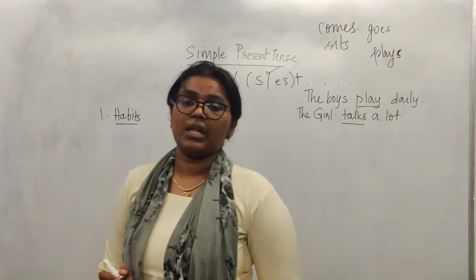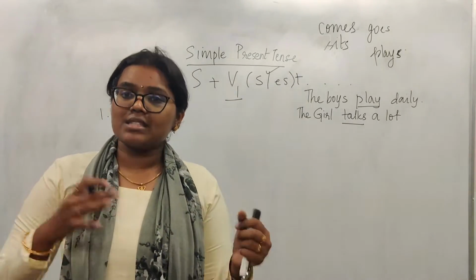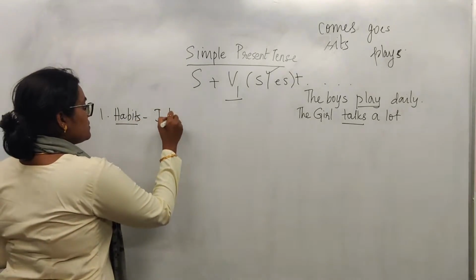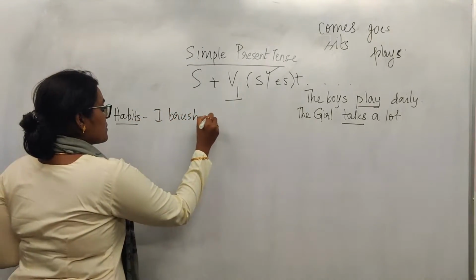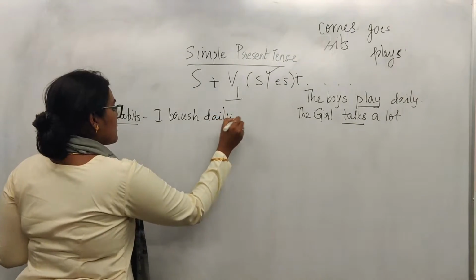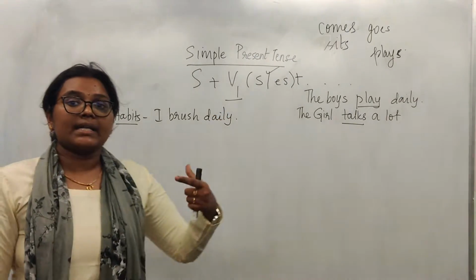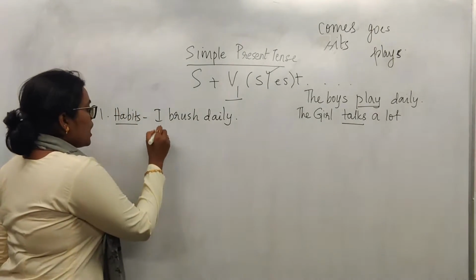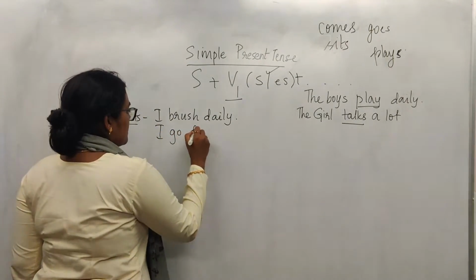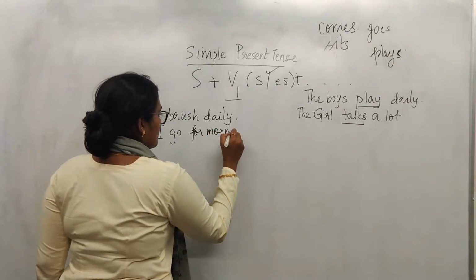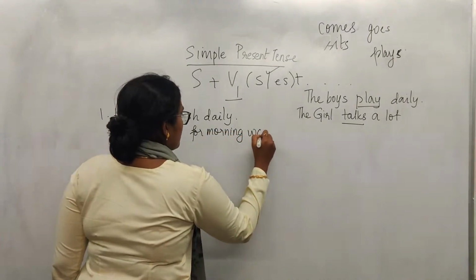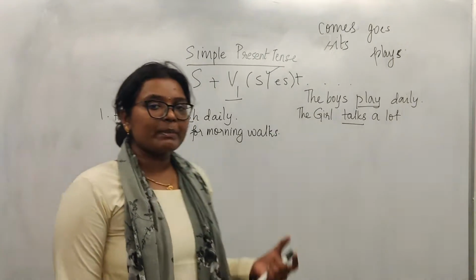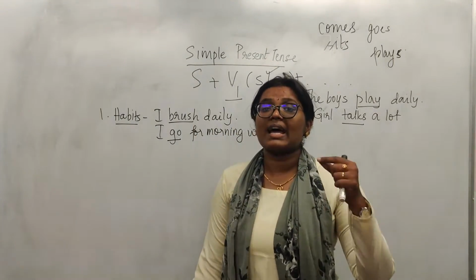For example, I brush daily, meaning it's something that I do on a daily basis. And if I am a person who walks in the mornings, I can say I go for morning walks. These are examples of simple present tense where you're talking about habits.